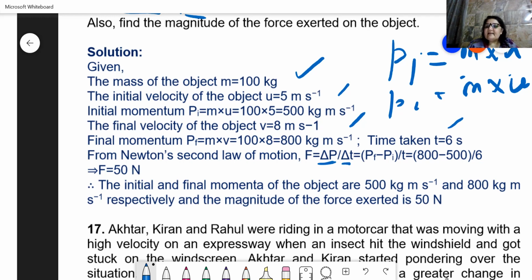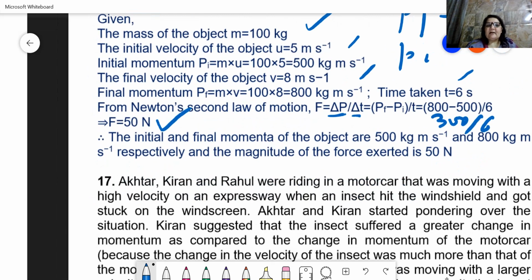So 800 minus 500 divided by 6. 800 minus 500 becomes 300, divided by 6, which gives you an answer of 50 Newton. So it's a very simple question based on your theory part, which you've already done: initial momentum, final momentum, and then you can complete your question in 3 parts.